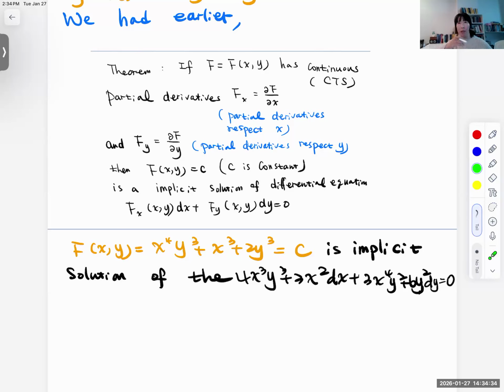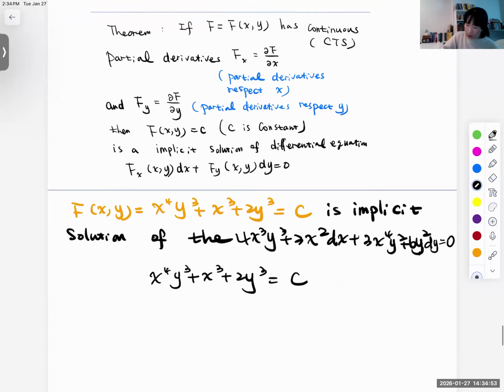Let's make that. We have this one. x to the fourth, y to the third plus x to the third plus 2y to the third equal to c, right? And solve for y. So let's move the x to the third to the other side.